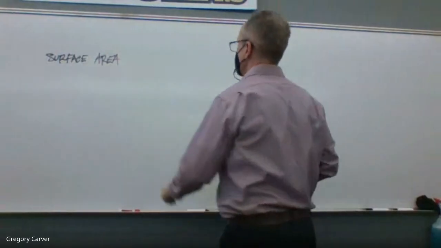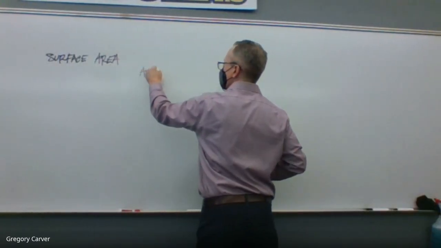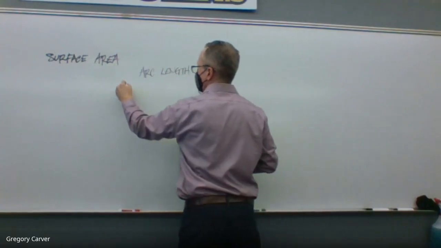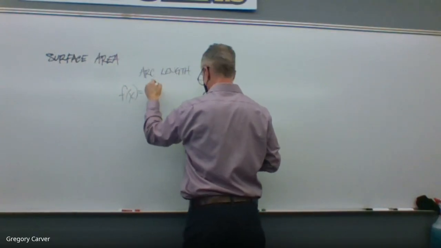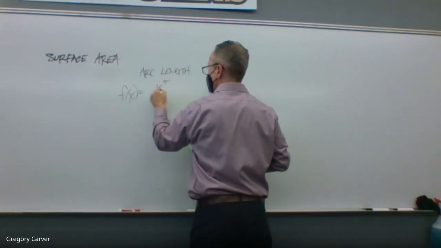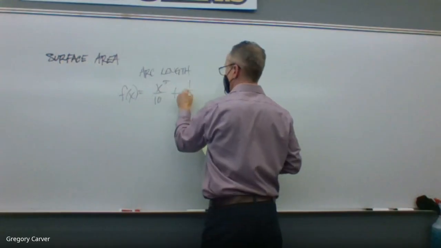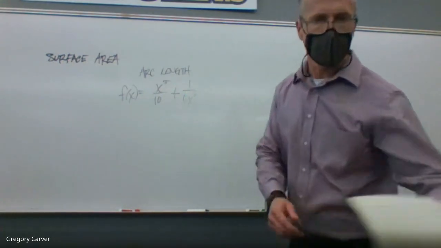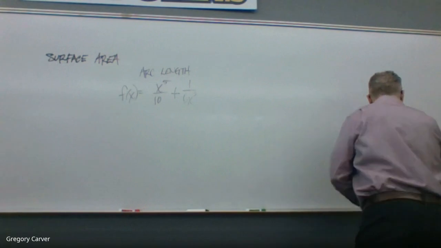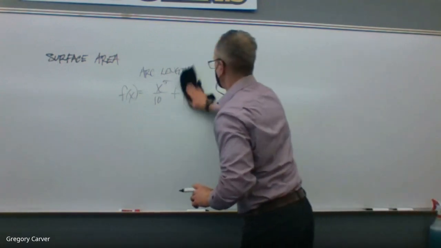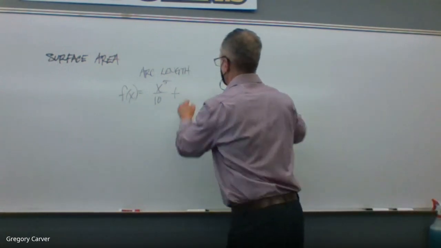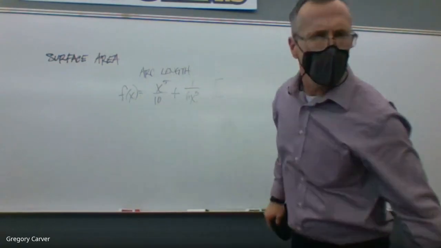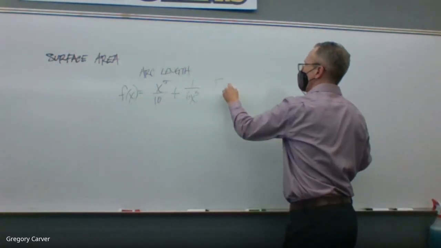So what if I had, find the arc length of f of x is equal to x to the 5th over 10 plus 1 over 6x cubed, going from 1 to 2.